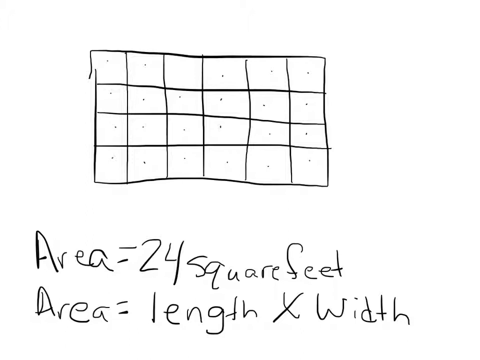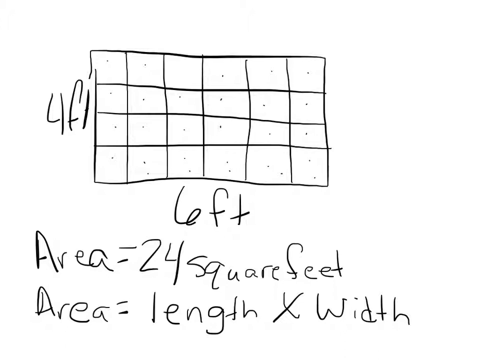So the width of this rectangle is 1, 2, 3, 4, 5, 6 feet. Okay? The width, or the length of this rectangle is 4 feet. Okay? My formula says length times the width.